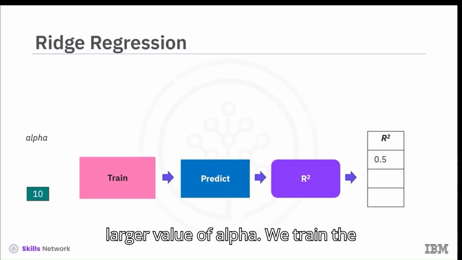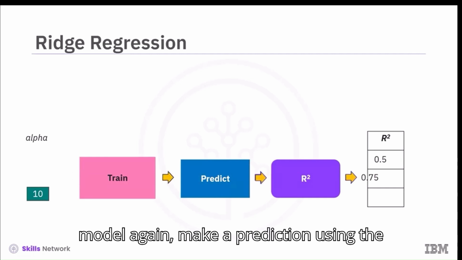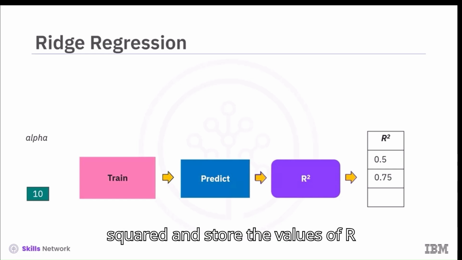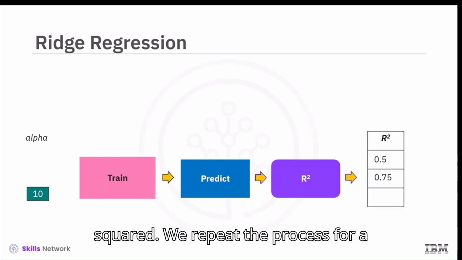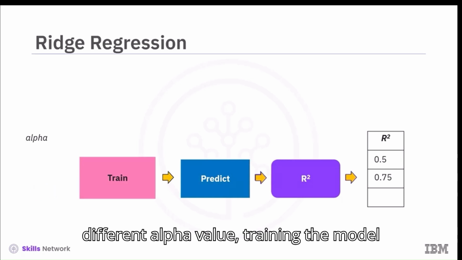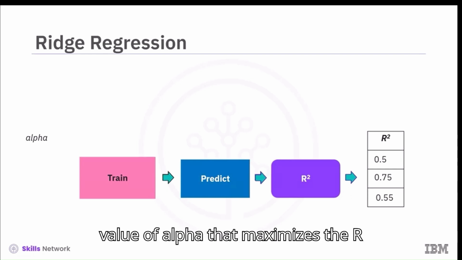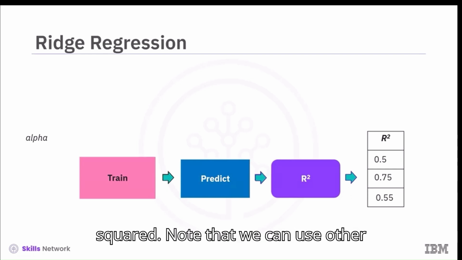Repeat the process for a larger value of alpha. We train the model again, make a prediction using the validation data, then calculate the R-squared and store the values. We repeat the process for a different alpha value, training the model and making a prediction. We select the value of alpha that maximizes the R-squared.